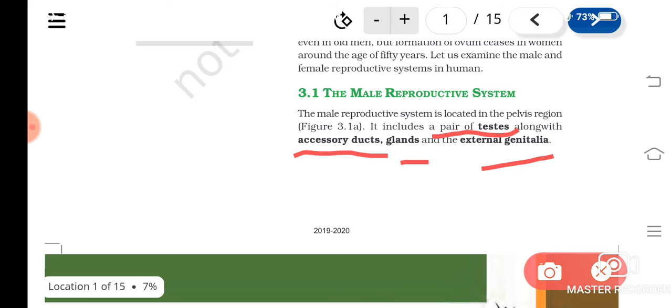It is located in the pelvic region and consists of a pair of testes, the accessory ducts which take the sperms produced inside the testis to the outside, glands which provide the various secretions, and external genitalia.